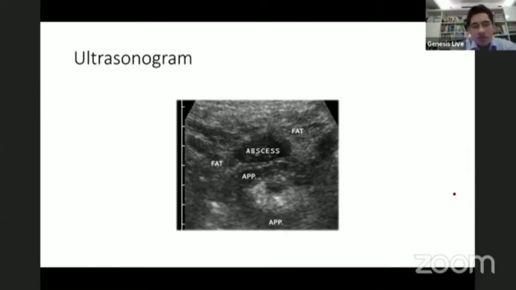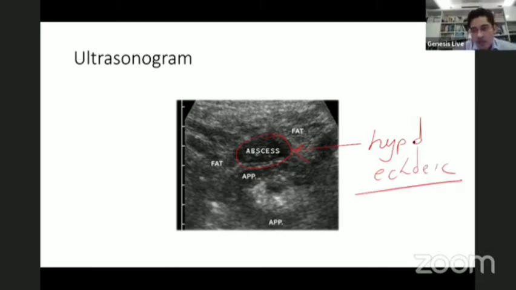What happens when you do an ultrasound? The best thing for appendicular abscess, you will see a very nice hypoechoic area, right? This is the hypoechoic area. I'm sorry for the handwriting, it's not good, I know that.